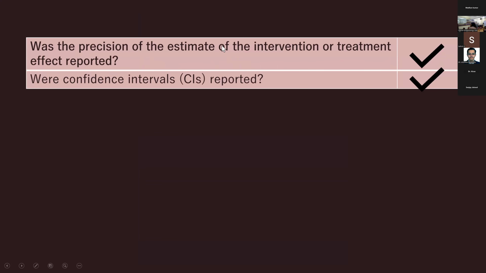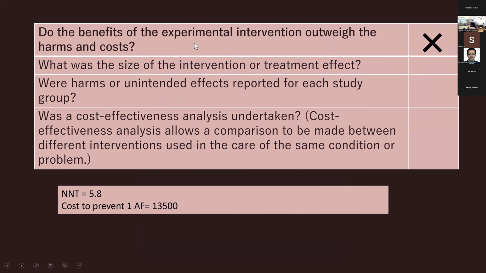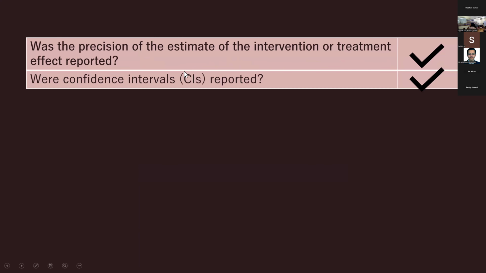Was the precision of the estimate of the intervention or treatment effect reported? They were reported, and the confidence interval we also looked at. At the start of the study, I was saying there were 13 patients with structural heart disease who were more in the coffee abstinence arm. This study already assumed that 50% of the patients would anyway recur post cardioversion.